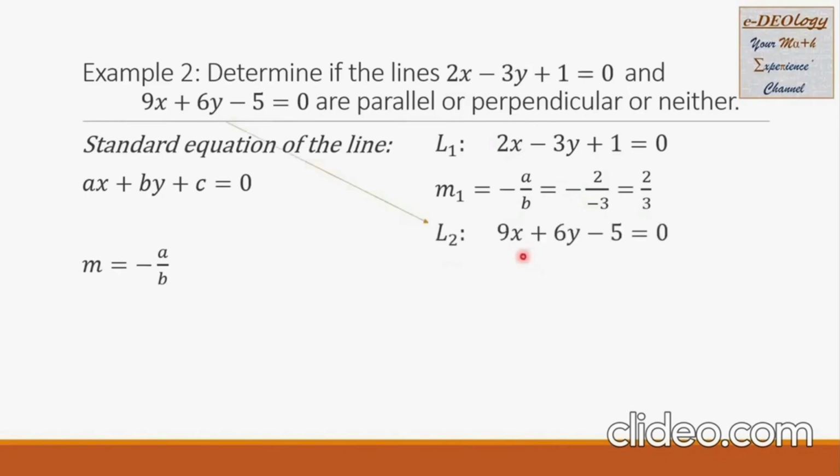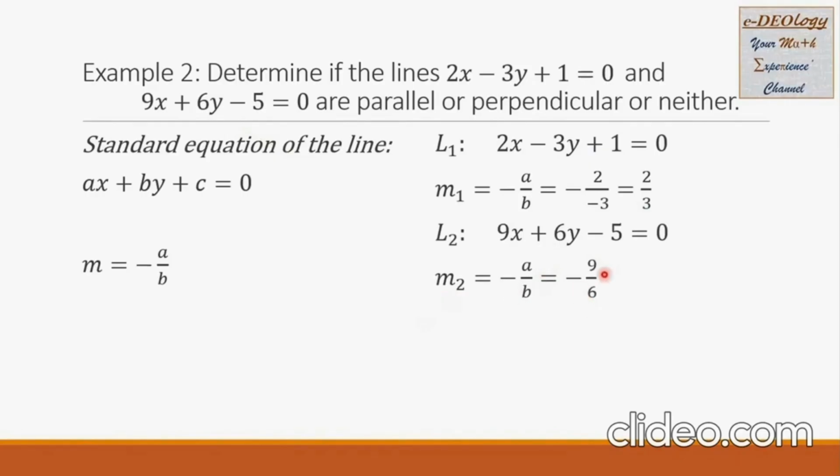For the line 2, 9x plus 6y minus 5 equals 0, our slope is m sub 2. The formula is here. Then we will now substitute the values. The a is now 9 and the b is 6.